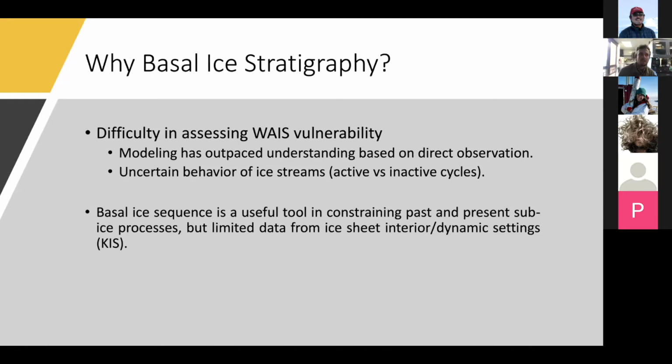This behavior history or periods of ice stream stagnation may be recorded in the basal ice record as well. Despite basal ice sequences serving as useful tools in constraining past and present sub-ice processes, we have limited data from the interior of the West Antarctic Ice Sheet, and especially from dynamic ice stream settings. We rely heavily on the observations made beneath the Kamb Ice Stream a few years back.